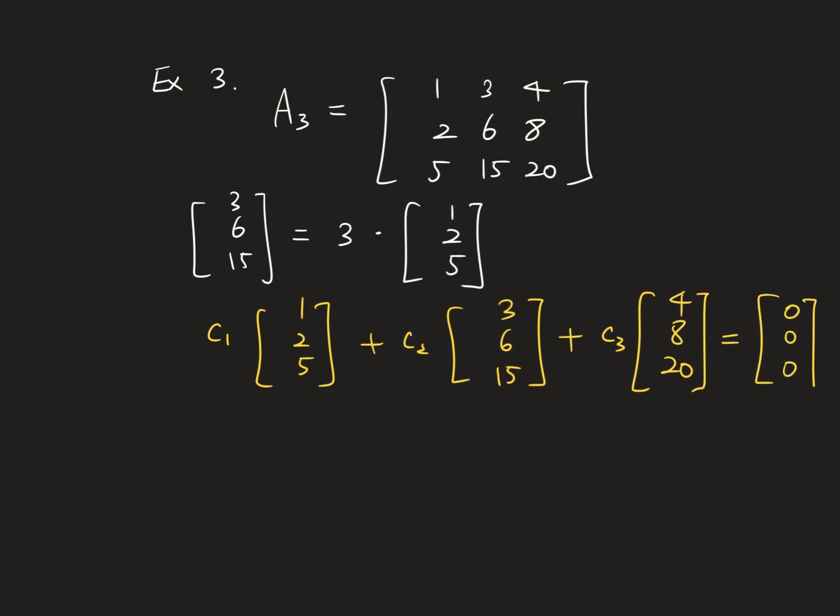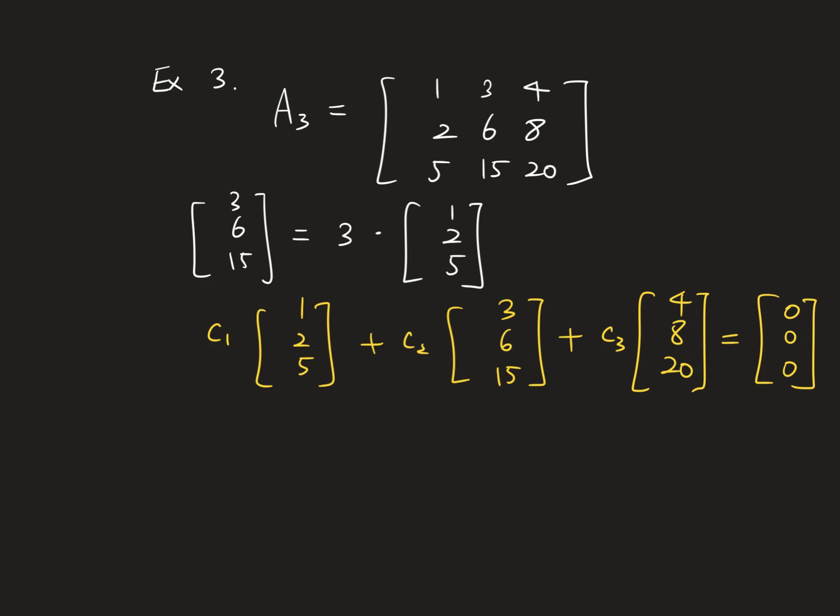The right side is the 0 vector. We always have a trivial solution, okay? Trivial solution always exists.